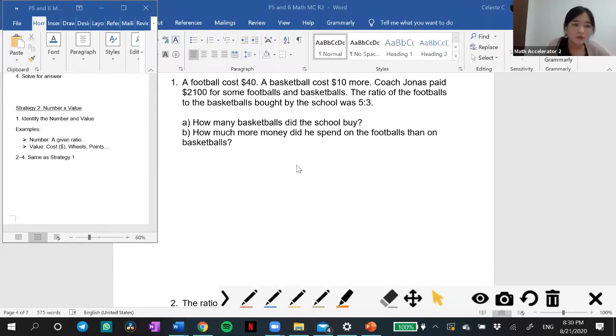For example, the number could be a ratio or a fraction given, and then the value would be the cost or the different types of items. Then steps 2 to 4 are the same as strategy 1, because number times value is kind of like an advanced version of your first strategy.